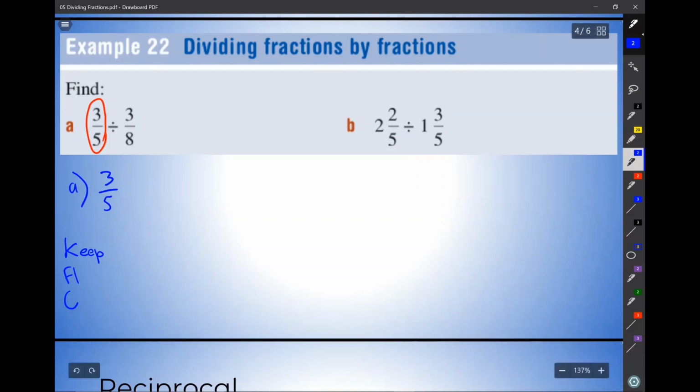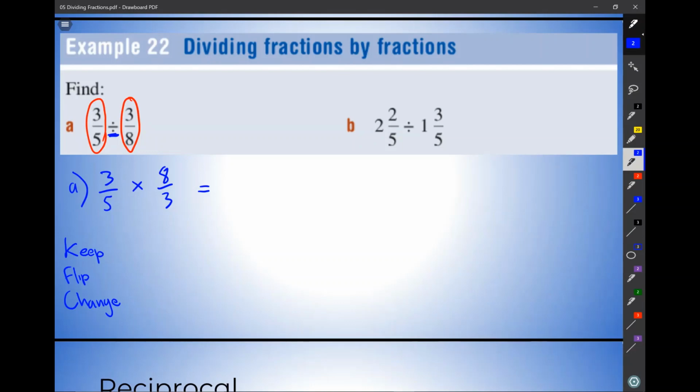We flip, we take the second fraction here and we flip it upside down, and then we change the divide to a times, and now this becomes a multiplication of fractions question that we should be very familiar with by now.